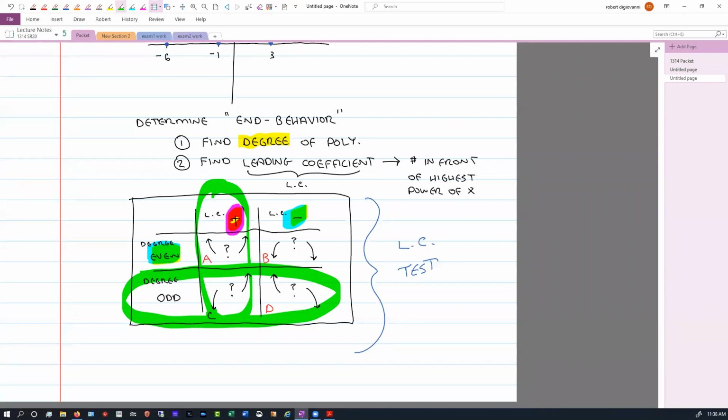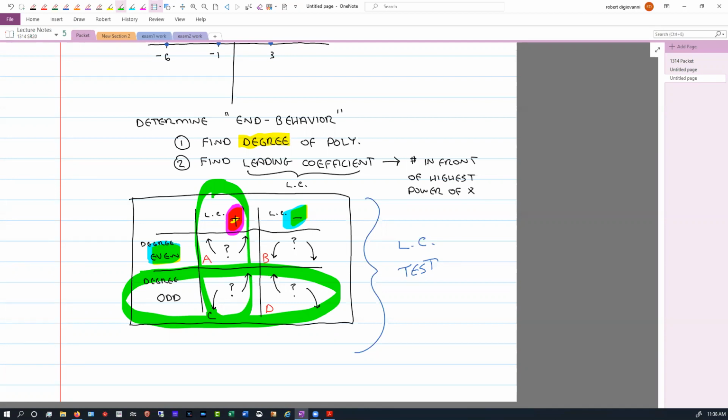If you just look at the leading coefficient, it narrows it down to 2 possibilities, and the degree narrows it down to 2 possibilities, but the answer is where they overlap, what they both have in common. Let's do another one after this, and then hopefully you'll pick up on it. Does that sound fair? Yes. Okay.